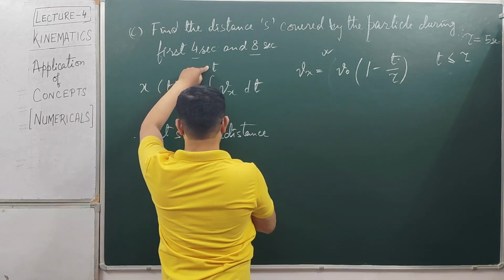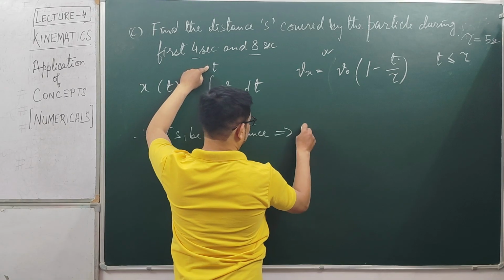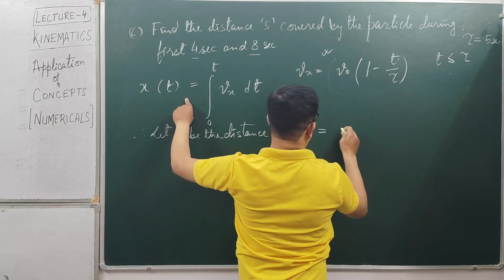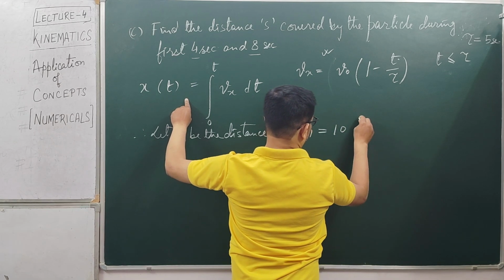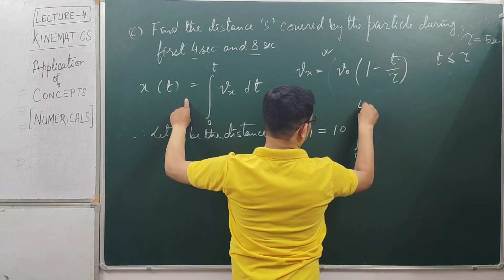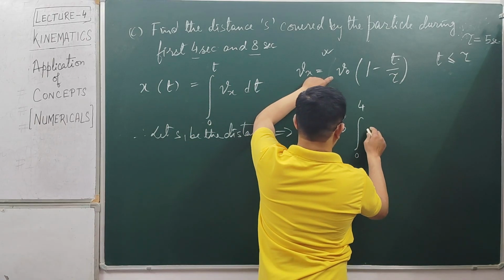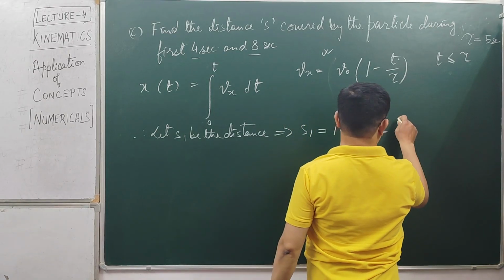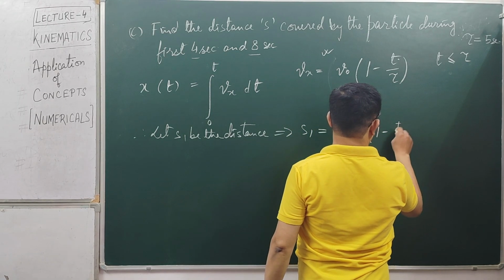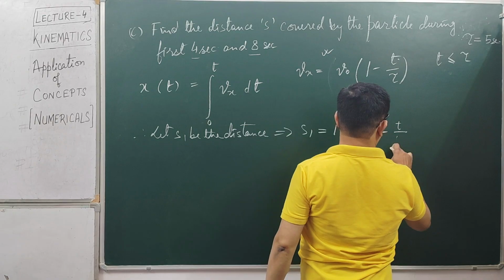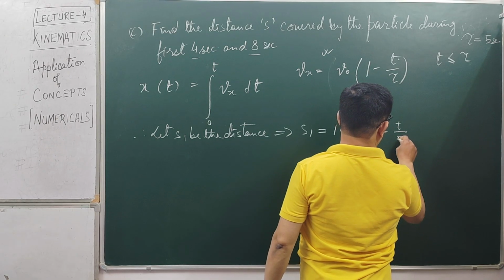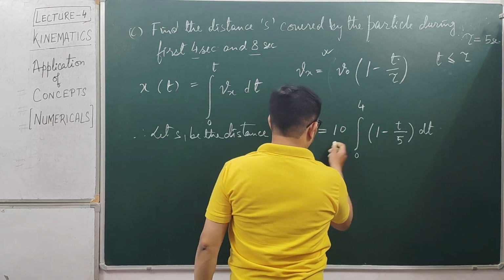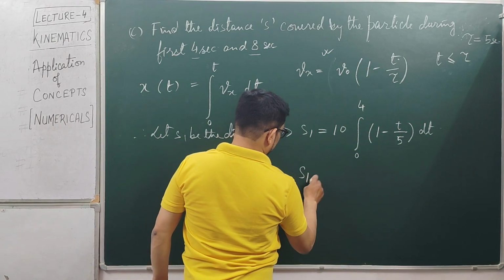This implies that S1 is going to be equal to, we'll take v naught out, which is 10, and we'll integrate from 0 to 4, and we'll use this equation, which is 1 minus t over tau, which is t over 5, right? It's given 5 dt.